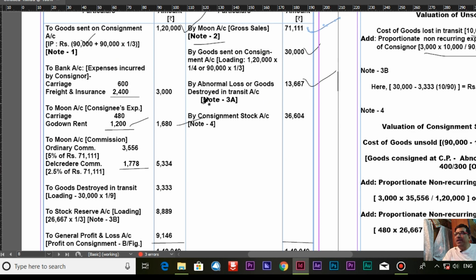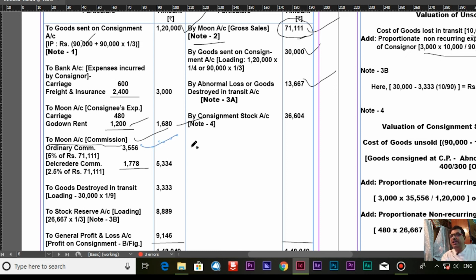Therefore, it is very easy to calculate. To Moon account for commission, ordinary commission 5% on rupees 71,111, that is sale proceeds, we get 3,556. Similarly, del credere commission. Now, what is del credere commission?